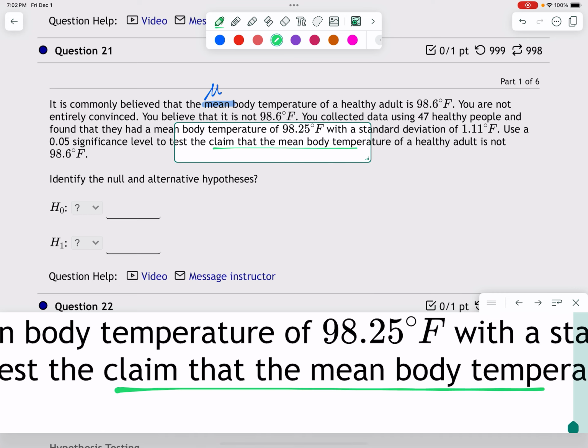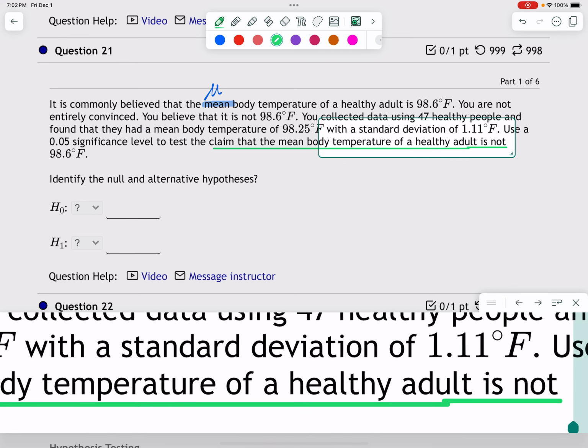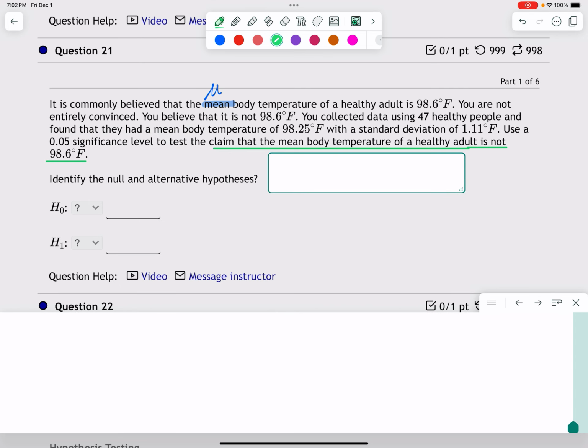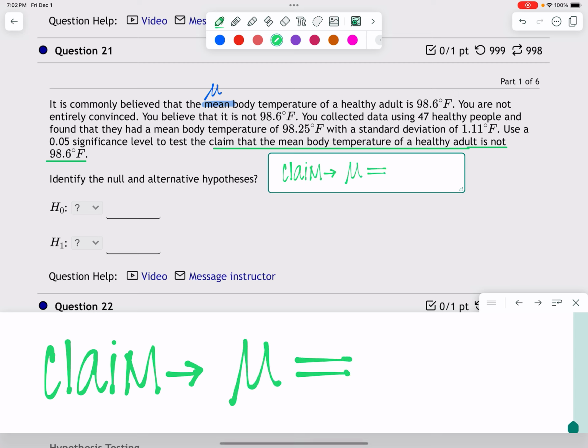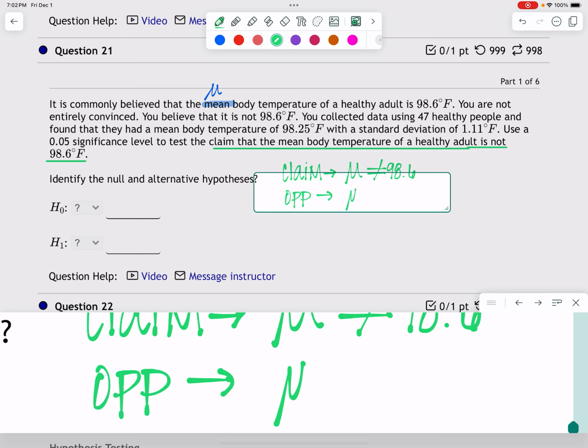Our claim is that the mean body temperature of a healthy adult is not 98.6 degrees. So average is not equal to 98.6. So then we write the opposite. The opposite of not equal to is equal to.